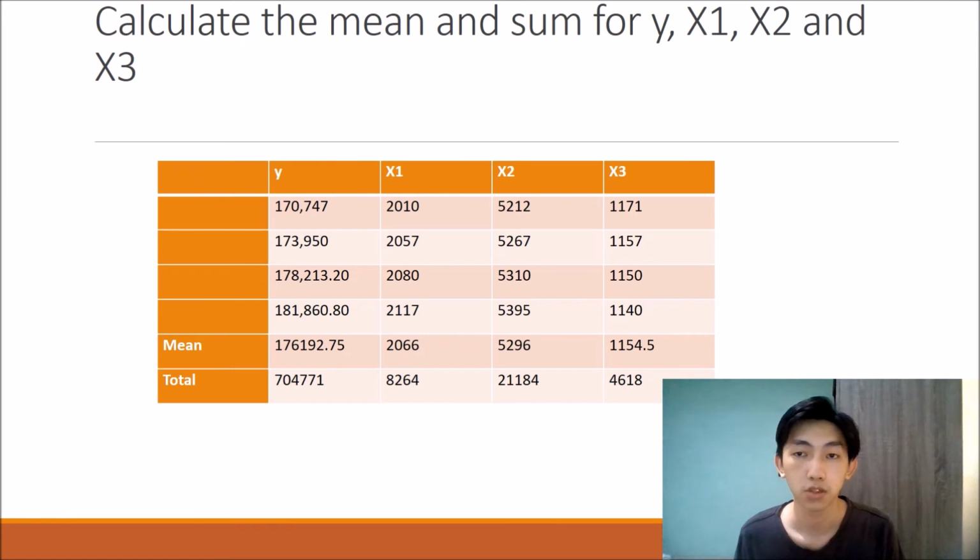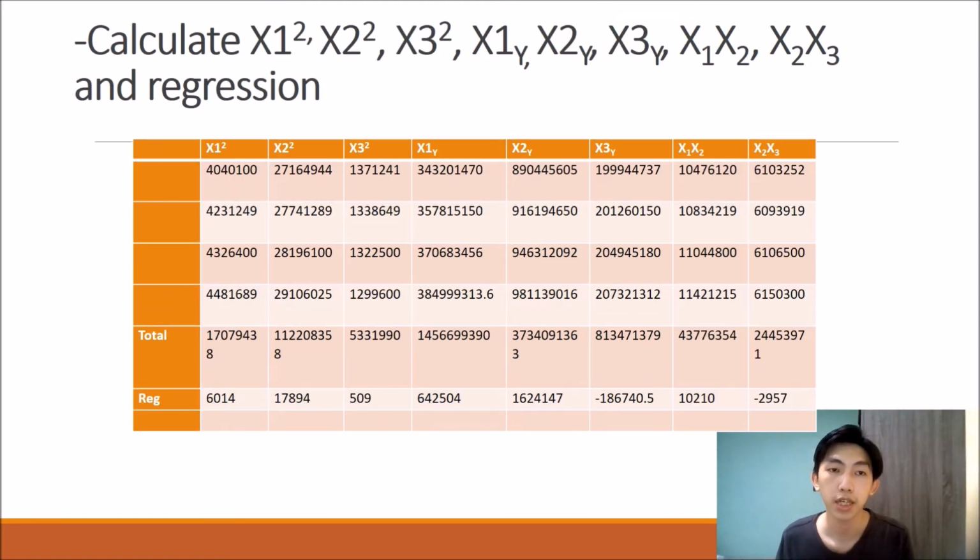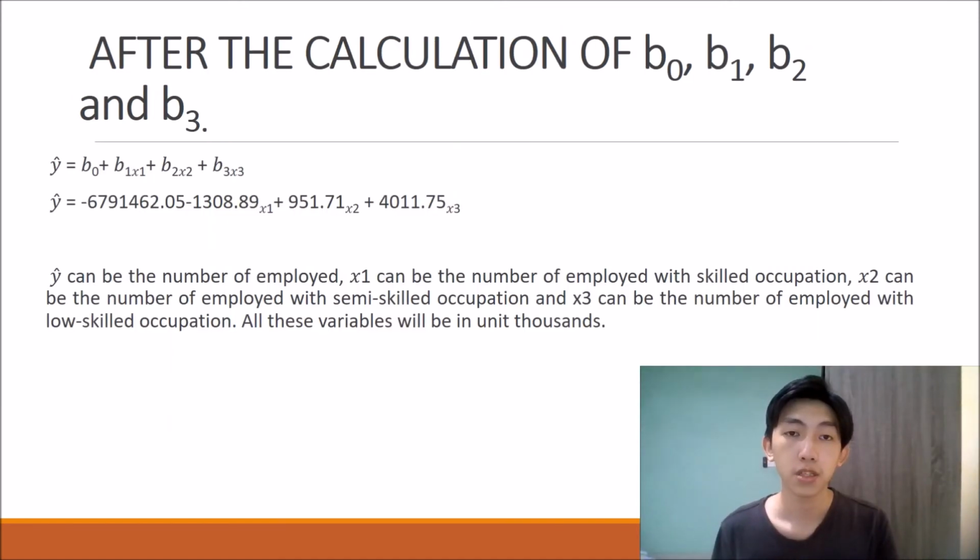First, calculate the mean and sum for y, x1, x2 and x3. Next, calculate x1 squared until x3 squared, x1y until x3y, x1x2, x2x3, and regression. After the calculations of b0, b1, b2, and b3, the answers need to be put into the estimated equation.